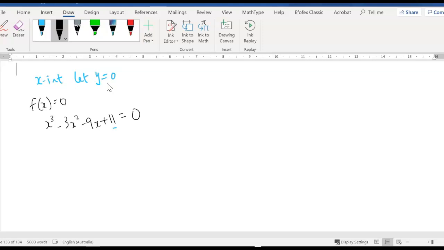And if 1 didn't work, you could do -1 or 11, -11, but f(1) is the easiest. Now, in class, I did say you could do this on your calculator. So see what I'm doing here. I'm just substituting in 1 for x.